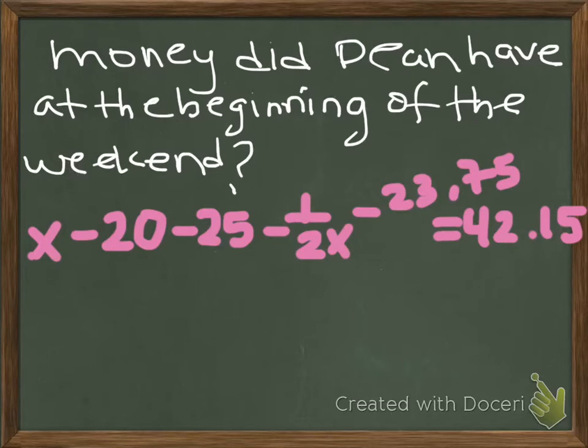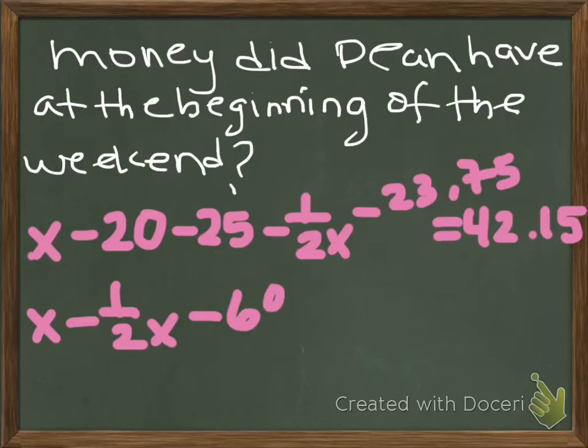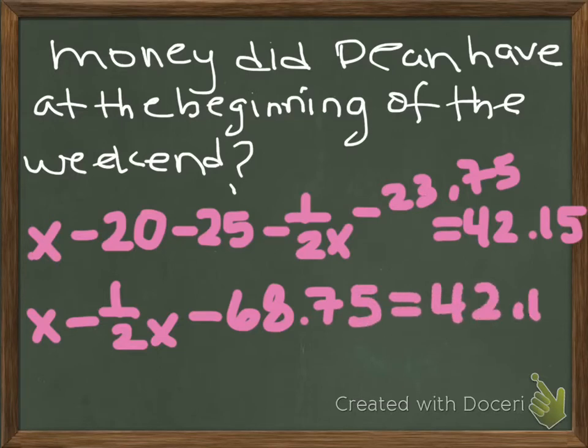So let's think about this. We need to first combine like terms, which gives us $68.75 if we combine all the numbers. And that's equal to $42.15.